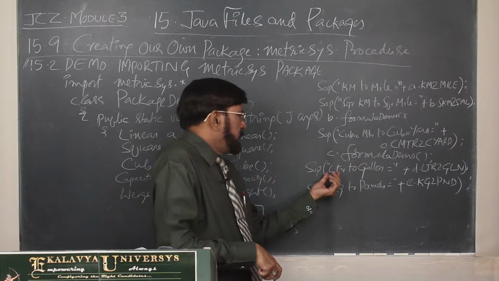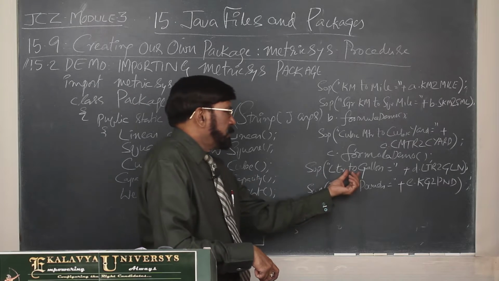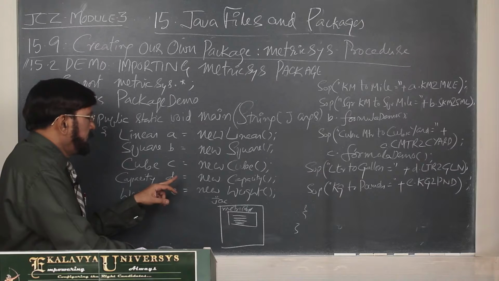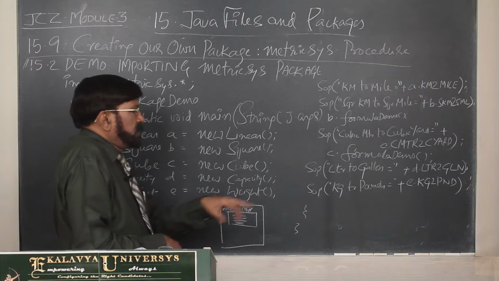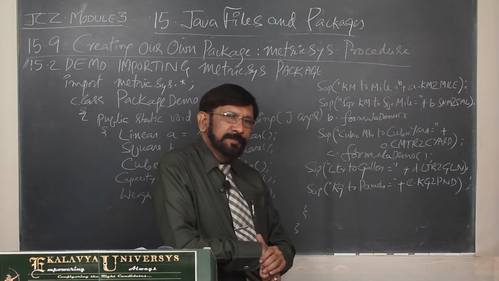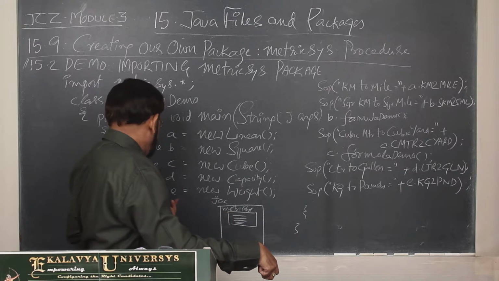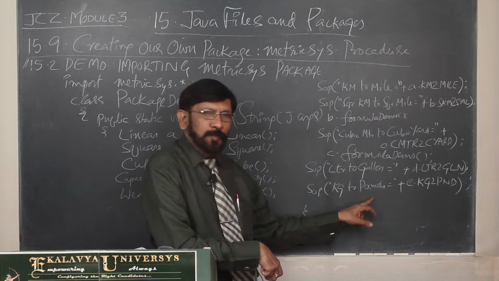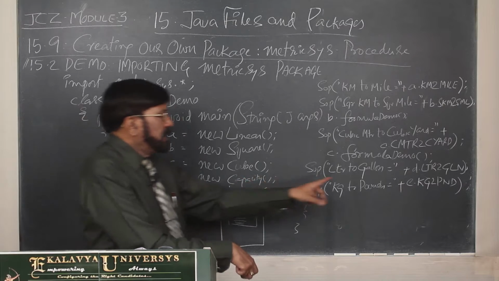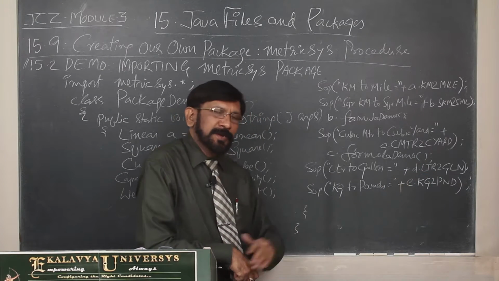Finally, liter to gallon. This is D, that is capacity, and we write D.liter to gallon, and that value is printed. Finally, weight, kg to pound: E.kg to pound, and that value is printed.